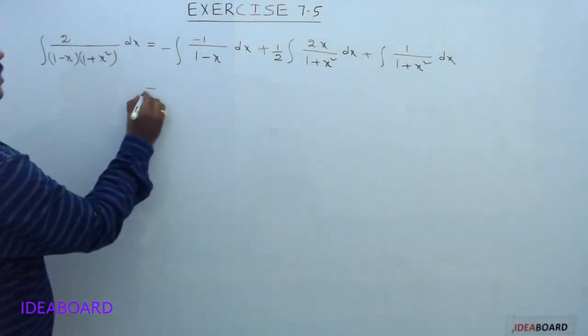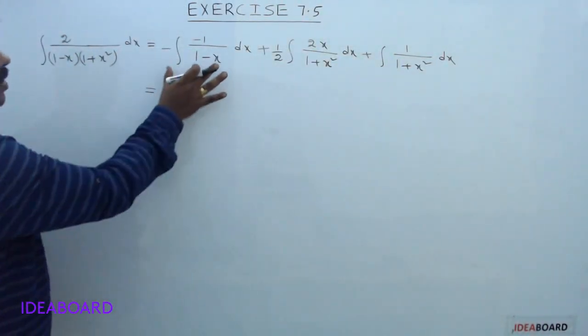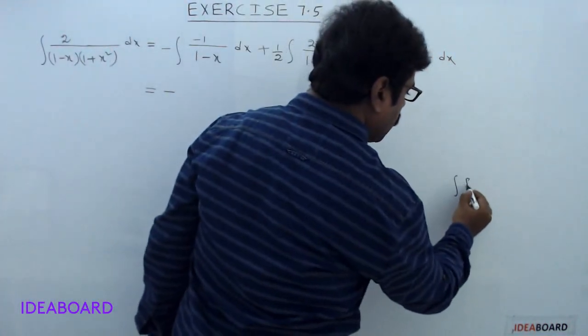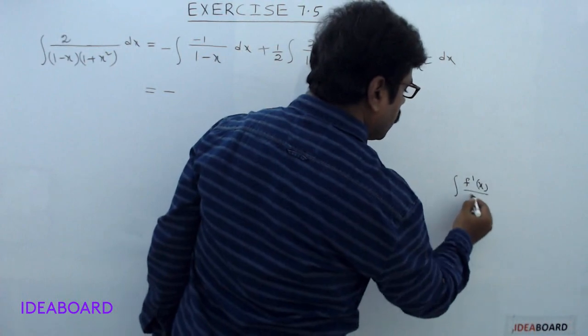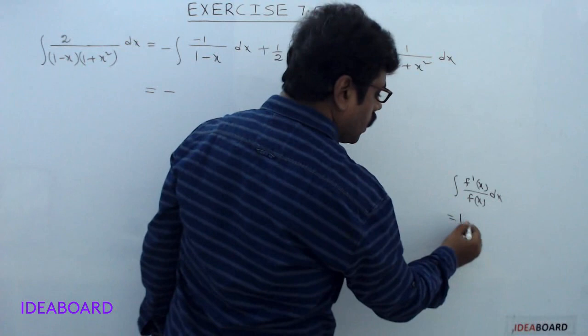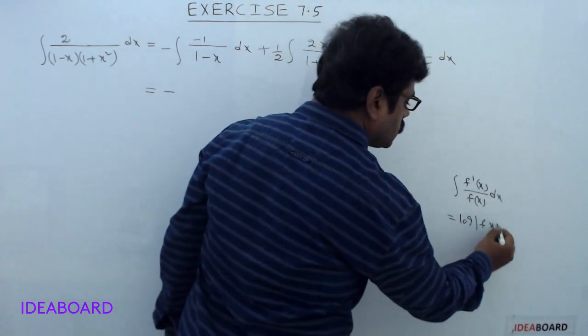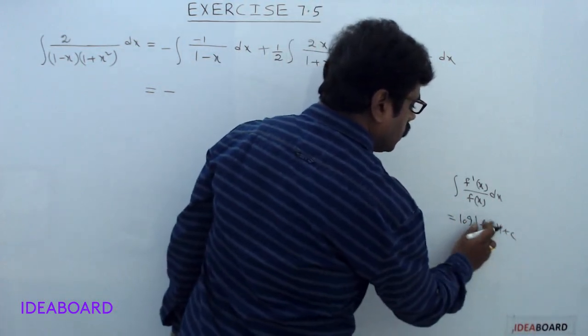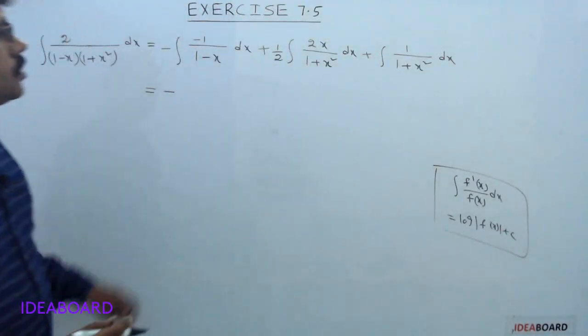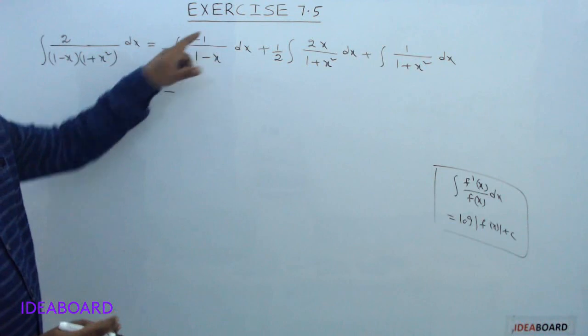Now here, this is minus of, if you look at this first term, it is of the form integral f dash of x divided by f of x dx. What is its formula? Log mod f of x plus a constant c. So the derivative of the denominator is in its numerator.